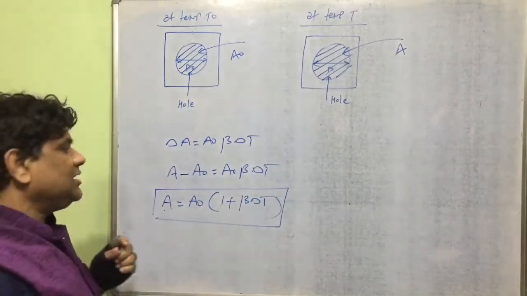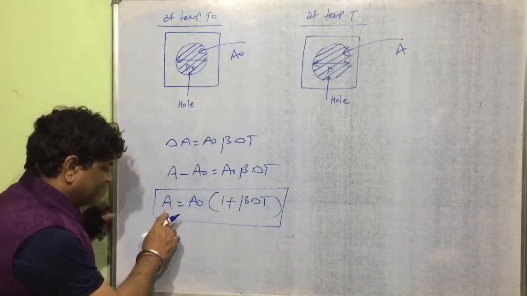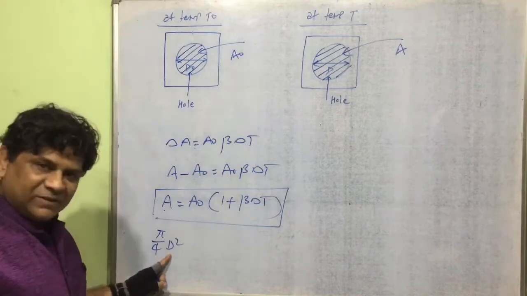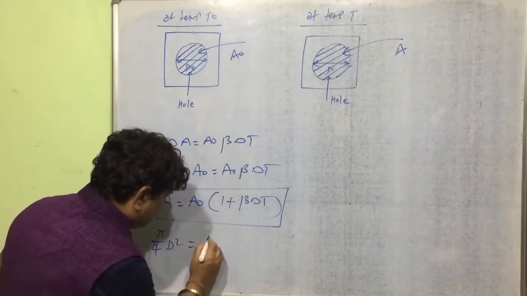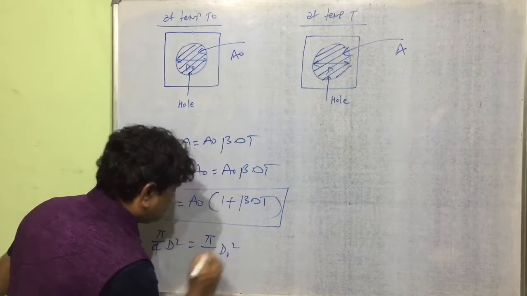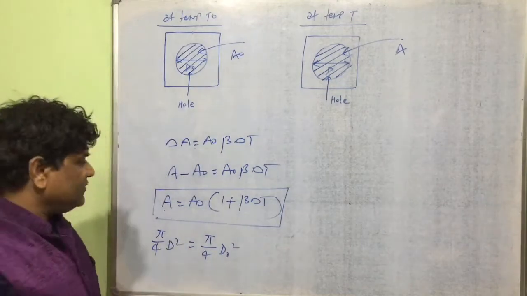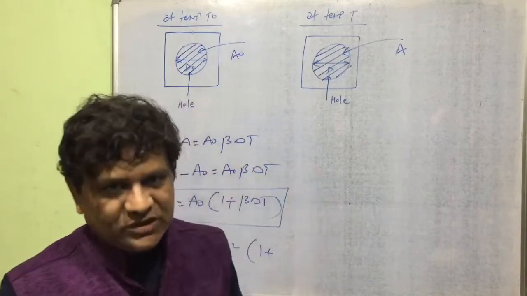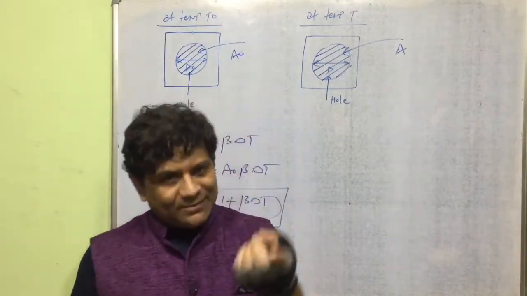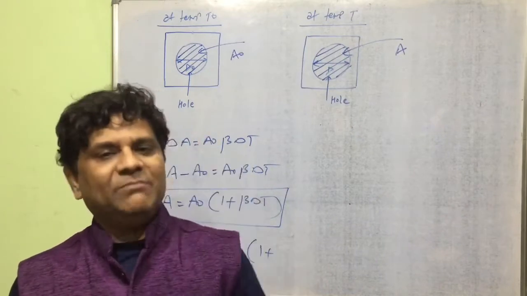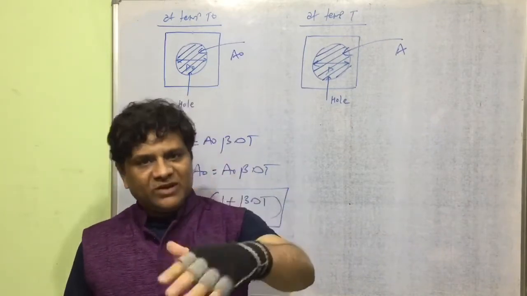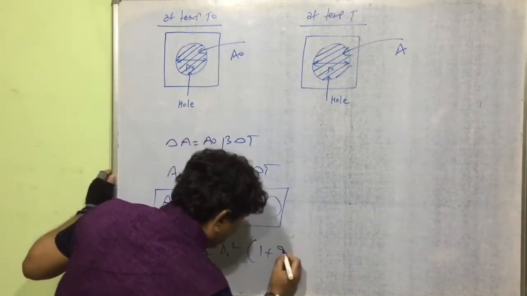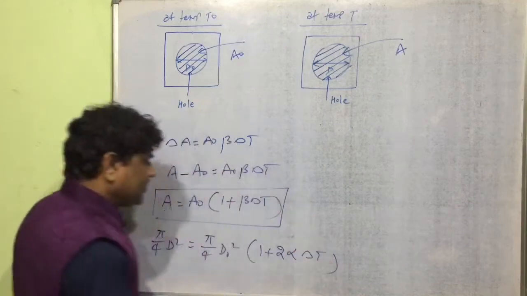Yes, the final area is equal to pi by 4 d square, and the initial area is pi by 4 d naught square, and it is 1 plus beta delta t. Beta is equal to 2 alpha, beta for two-dimensional expansion, alpha for one-dimensional expansion. The relation between alpha and beta is that beta is equal to 2 alpha, so beta delta t is 2 alpha into delta t.